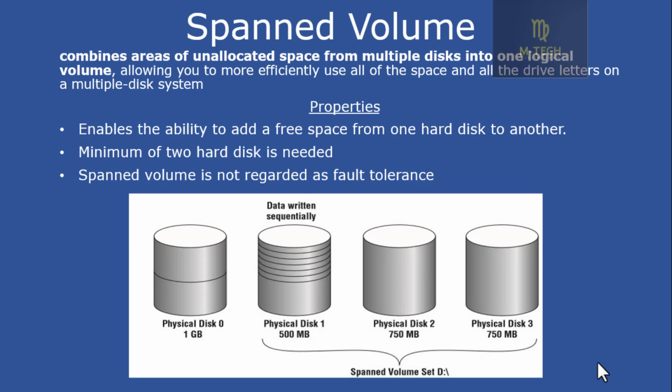If you have not, and it's a basic disk, and you have two hard drives, say disk 1 with a free space of 100 gig and disk 2 with a free space of 20 gig, there is no way you can combine the 100 gig from disk 1 and the 20 gig from disk 2 to make 120 gig, because you're using a basic disk. But in the case of a dynamic disk, it's very possible. So we will configure it so that you see how it works.